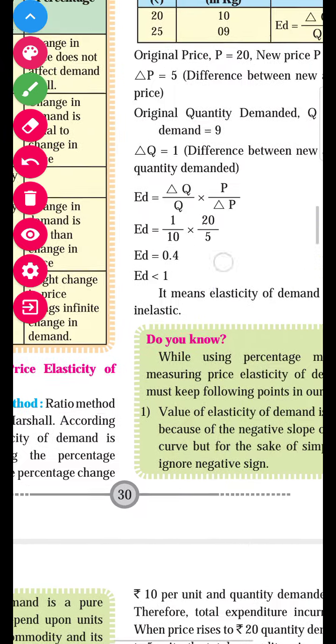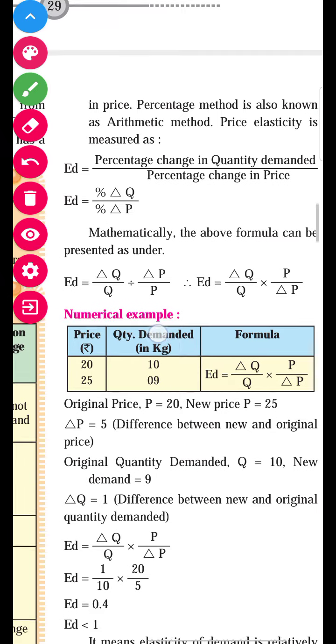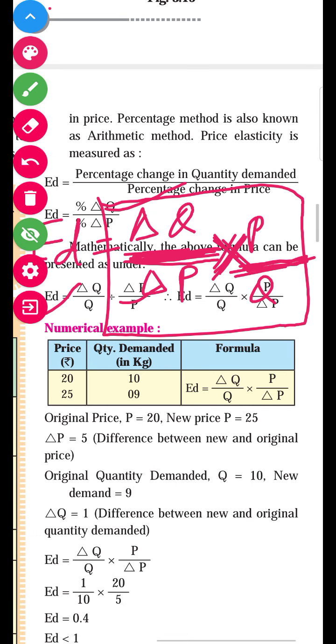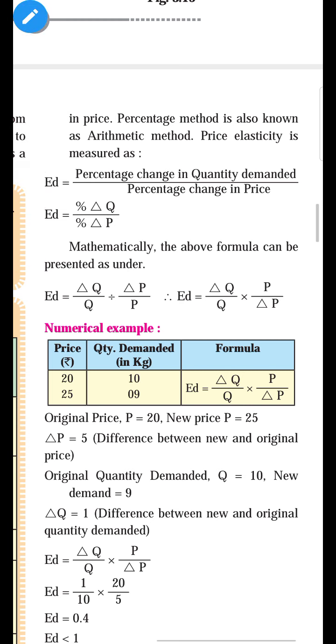Meaning is given, and after that we will see the formula. The ratio method is equal to percentage change in quantity demanded upon percentage change in price. You can see the formula, delta Q upon delta P, that is, percentage change in quantity demanded divided by percentage change in price.